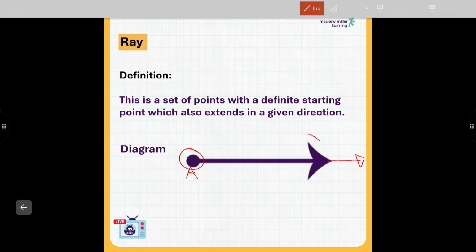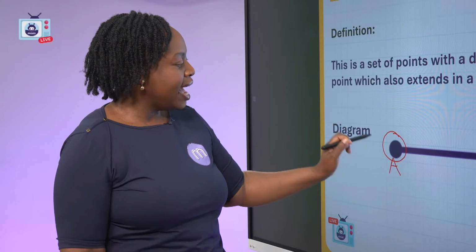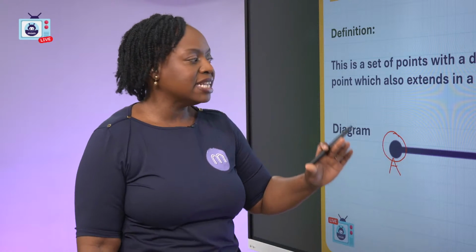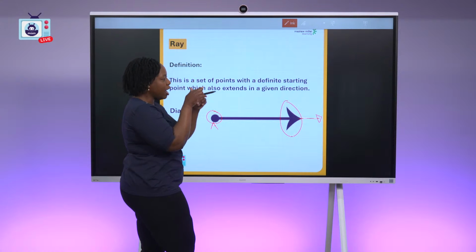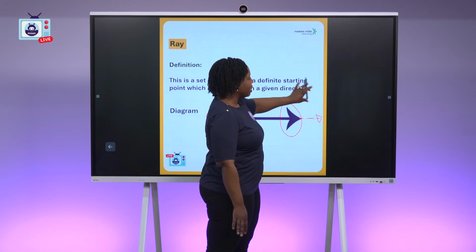So this arrow represents the fact that I don't know where I'm going to end, but I know I'm starting here. So that's why we have a point and we have an arrow to represent that. It has a starting point but does not really have an end. It just has an arrow that shows the direction that I am going this way, but not knowing where I'm going to end.